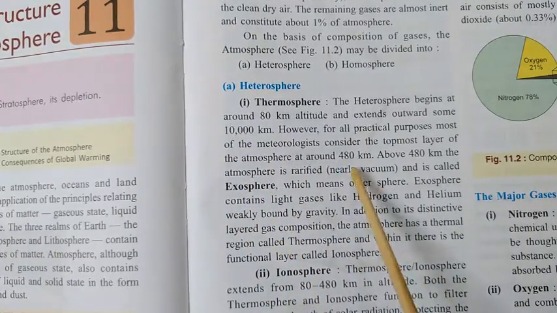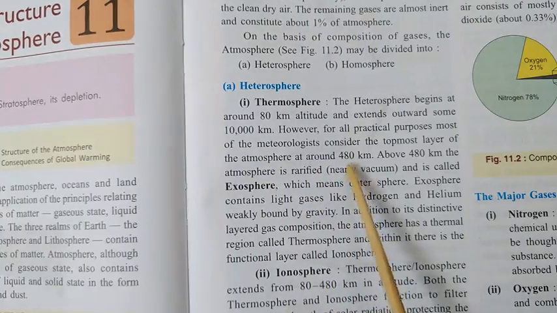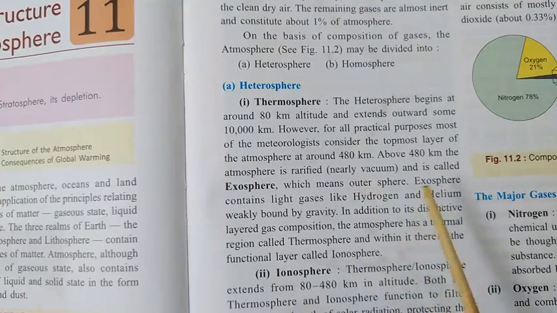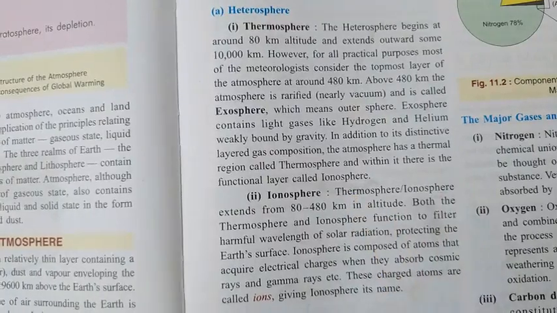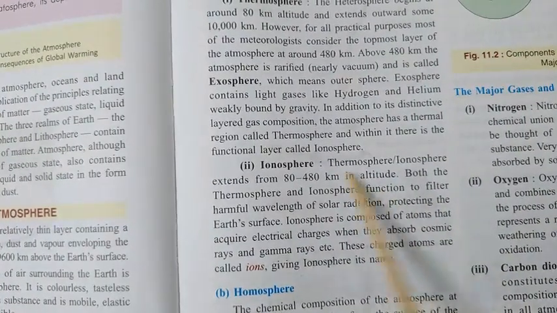This is the layer we say is the outer atmosphere. Now we are going to look especially at the important ones, the thermosphere and ionosphere. I told you about the thermosphere.